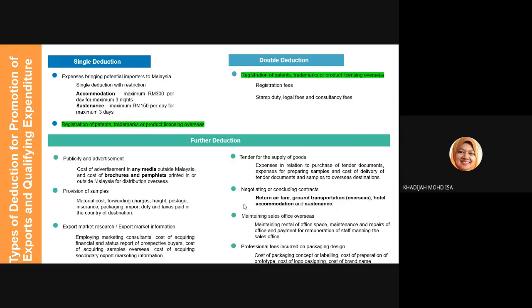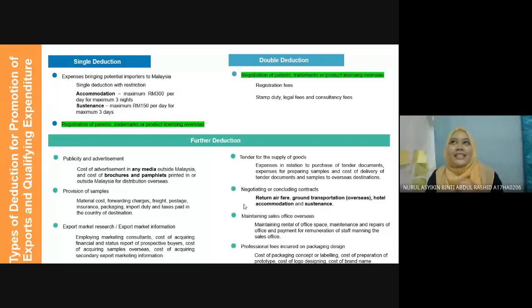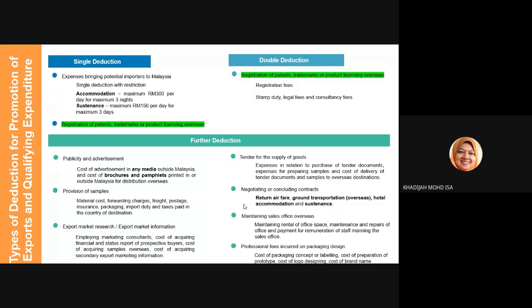So this further deduction, is it single or double deduction? Further deduction. So single or double? For the further deduction, because normally all these expenses are allowable expenses because it's section 33.